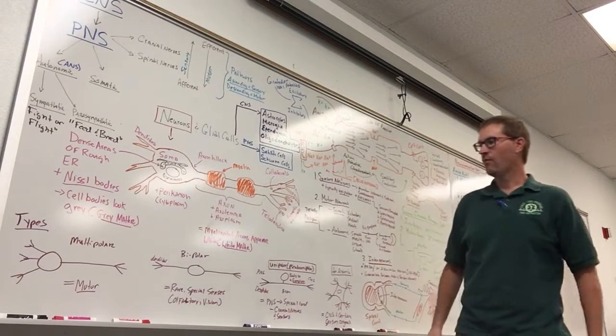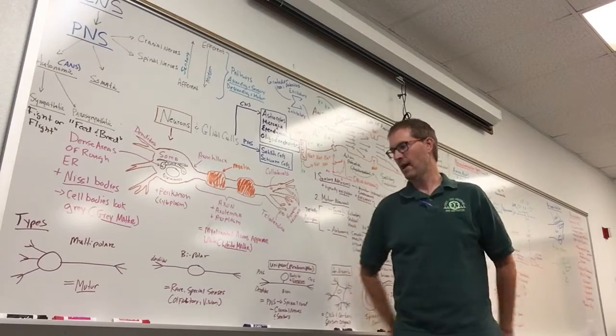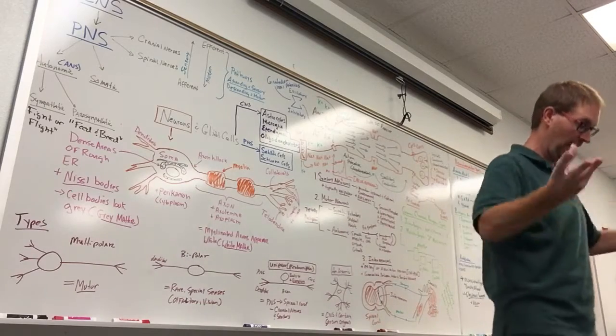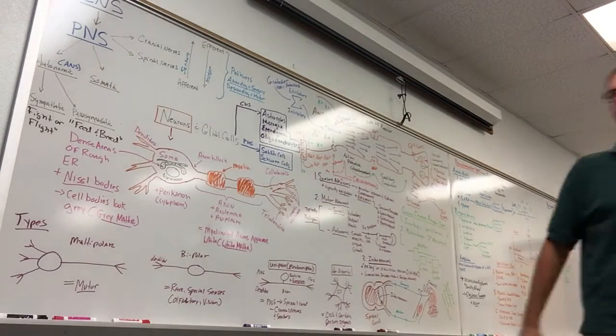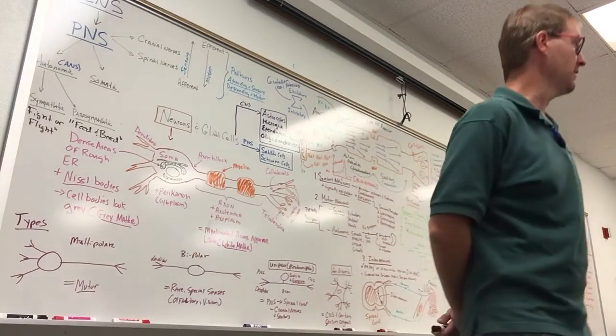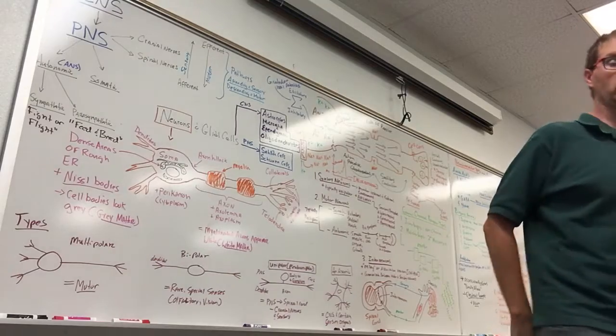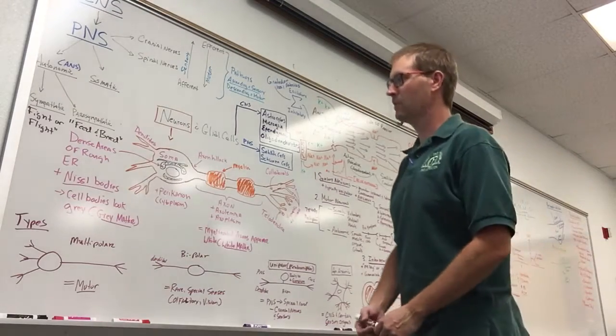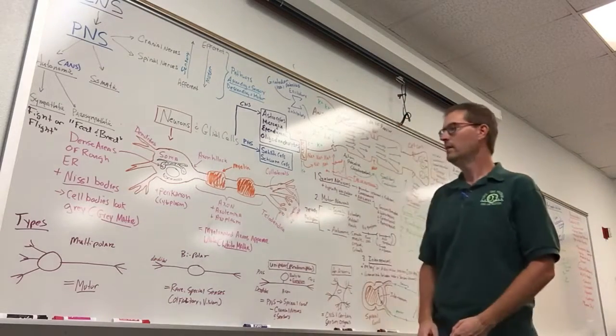So wherever you have white matter, you're looking at myelinated axons, and whenever you see gray matter, you're looking at the neuron cell bodies, a large collection of them. So far, so good.